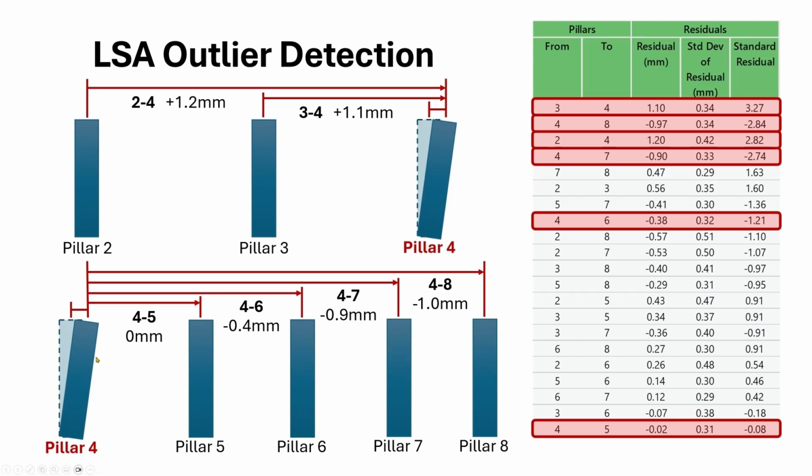Then below, from pillar 4, 5, 6, 7, 8 onwards, particularly 7 and 8, we seem to see the distances measured get shorter by minus 1 millimeter from 4 to 7 and minus 1 millimeter roughly 4 to 8. Not quite the same with 4 to 5 and 4 to 6. So we're not seeing complete consensus, but 4 out of 6 of these seem to imply roughly a millimeter. One of them implies about half a millimeter, and then one of them sort of doesn't imply any movement at all.